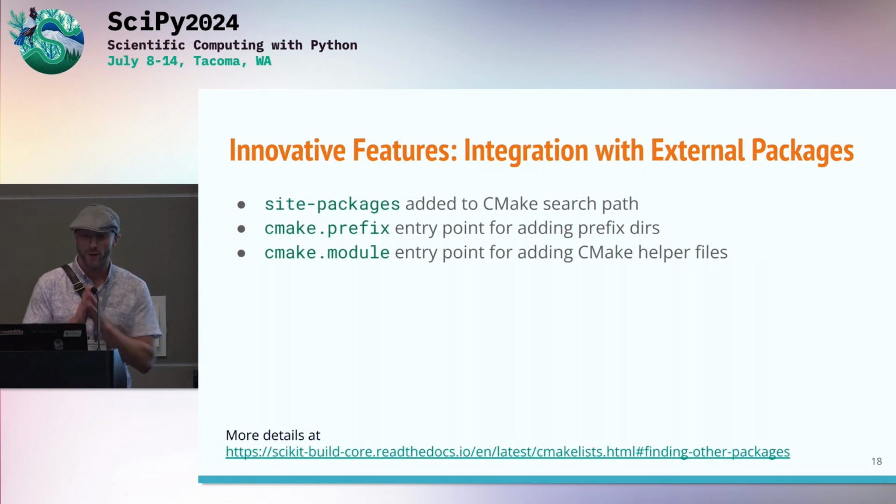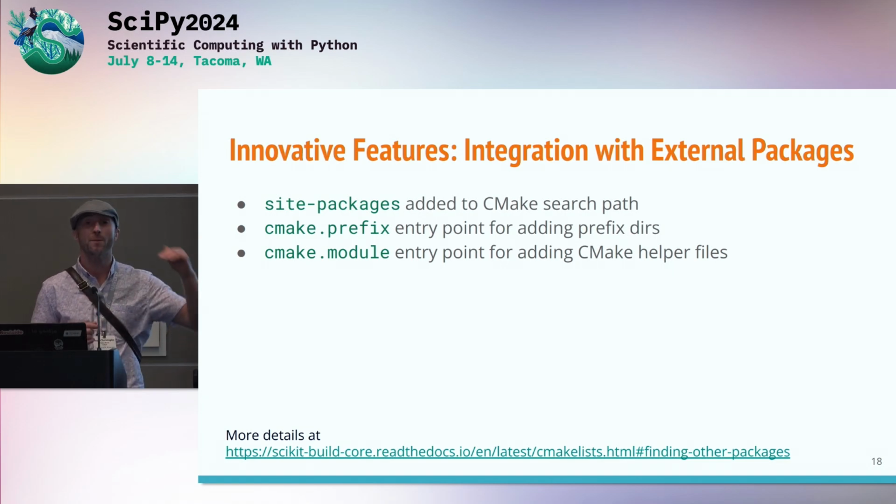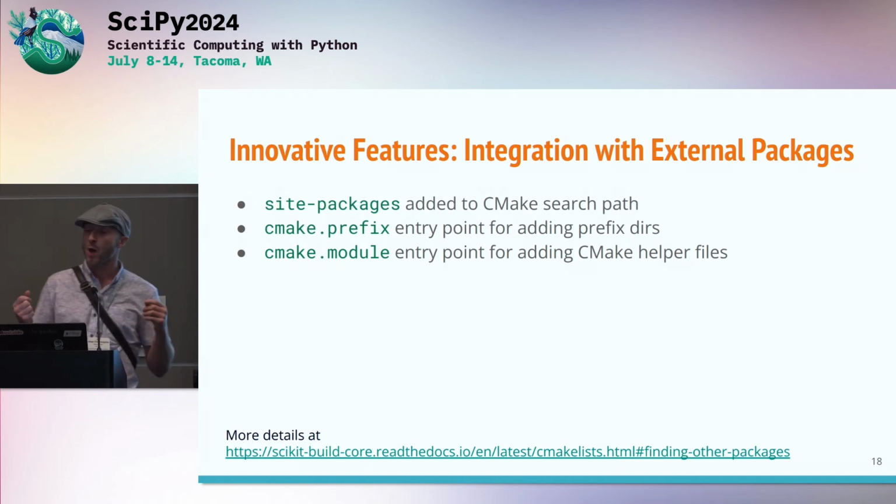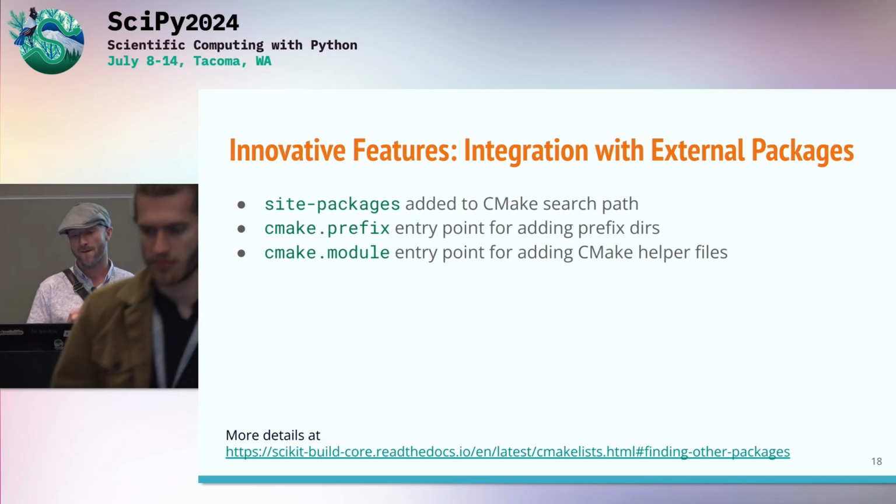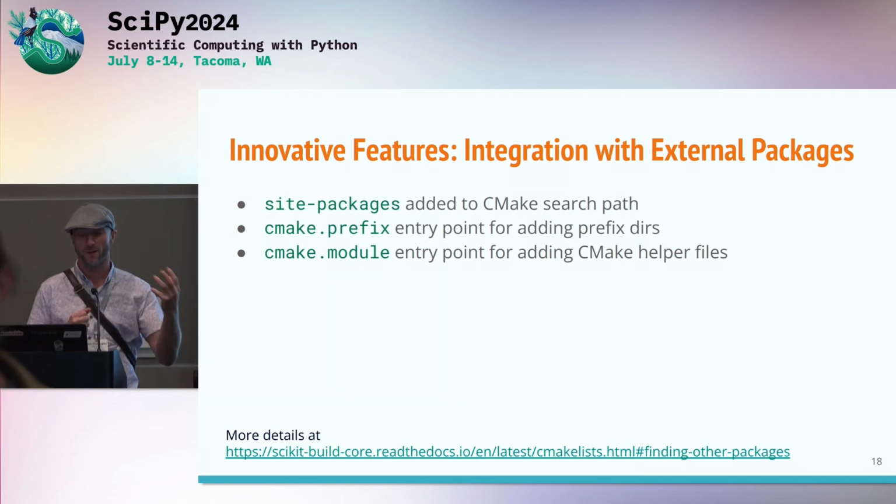Another really interesting feature is integration with external packages. Earlier, I talked about pybind11 and the find_package for pybind11, and how that is happening. The project called pybind11, published on PyPI, exposes an entry point, and let's just assume it's called cmake.prefix. That entry point is discoverable by scikit-build-core itself.